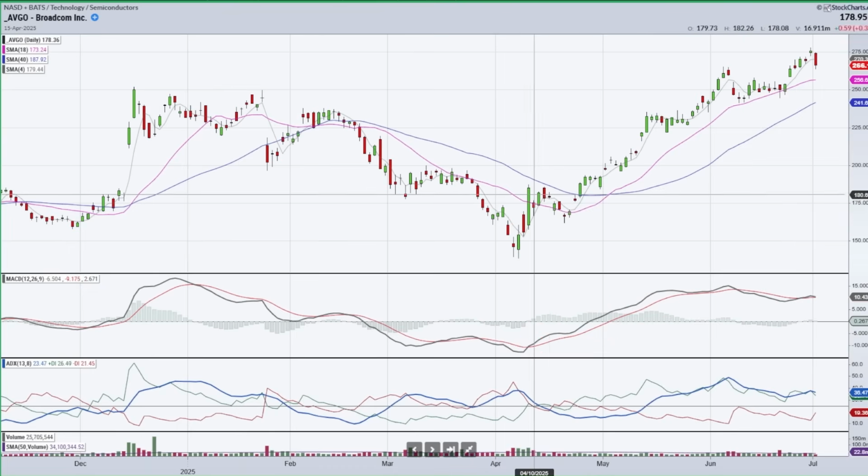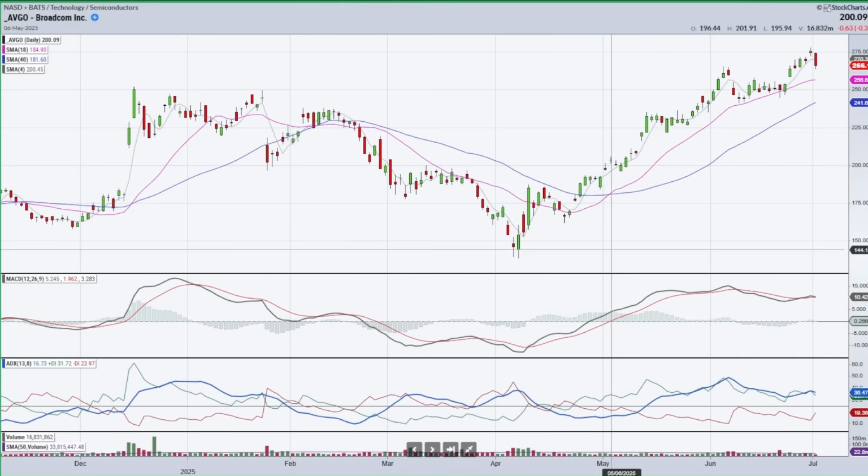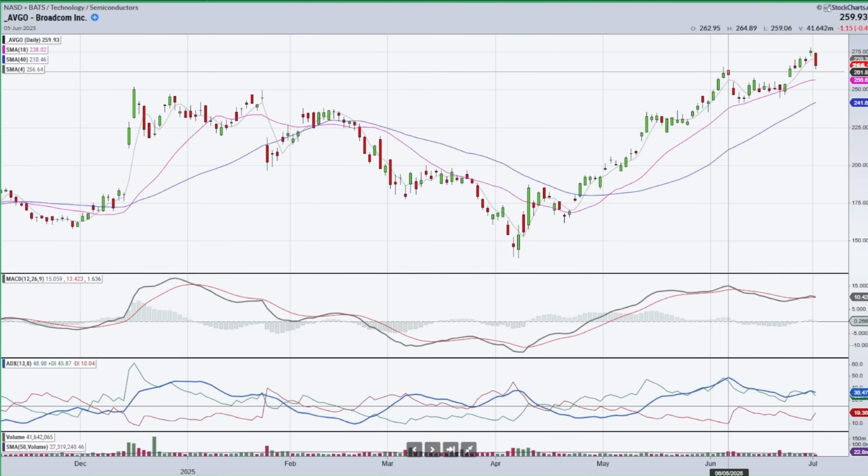But we also want to use these pullbacks and take advantage of them. So we had a pullback here. We actually had a 3 to 4 bar pause. It shows up a little bit in the histogram there. And then we got another 2 bar pause there. It shows up a little bit again in the histogram at that point. And then we had another one here before making a little bit of a move, and then a sharp pullback that caused the crossover to the downside.